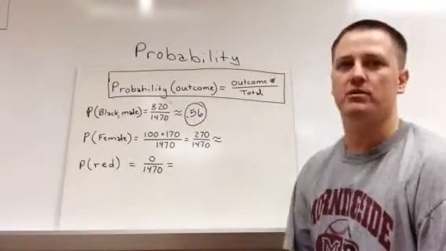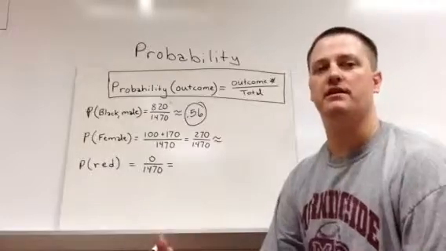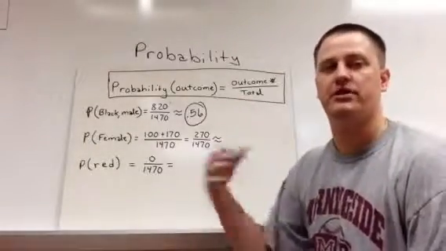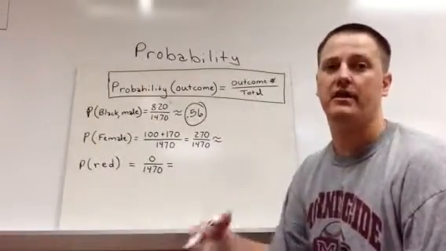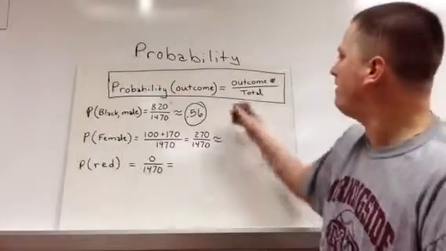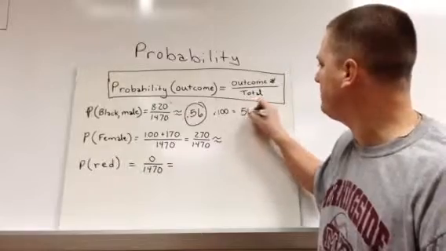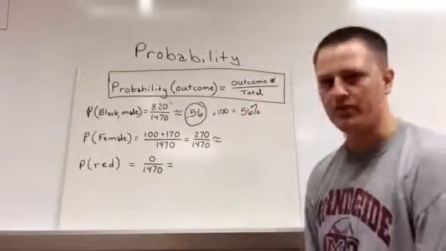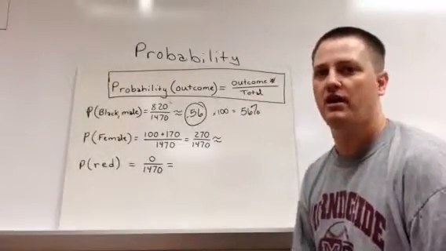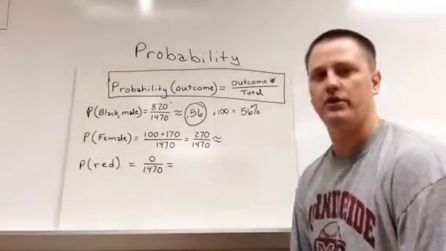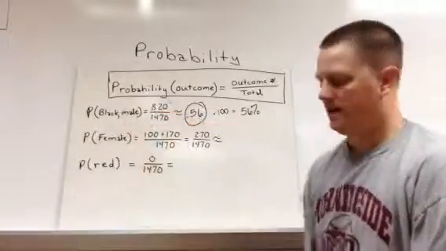And some of you may prefer to change these into percents. If you remember to do that, all we have to do is times by 100 to get 56%. So 56% of all these squirrels were black males.